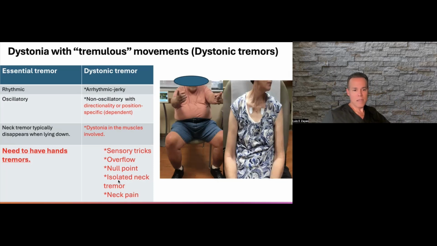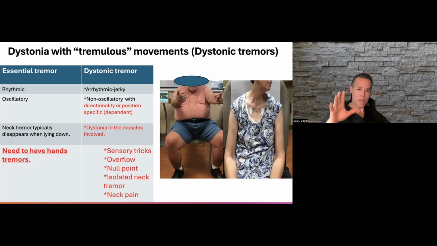Now, the other thing, remember what I said: isolated neck tremor is usually dystonia. The other characteristic is neck pain. When you have significant neck pain, it's most likely dystonia. Approximately 70% of patients with cervical dystonia have neck pain. Different from essential tremor. Obviously, people with essential tremor, when you get old, will have arthritis, and if you shake too much, you will have pain too, so that doesn't help you too much.